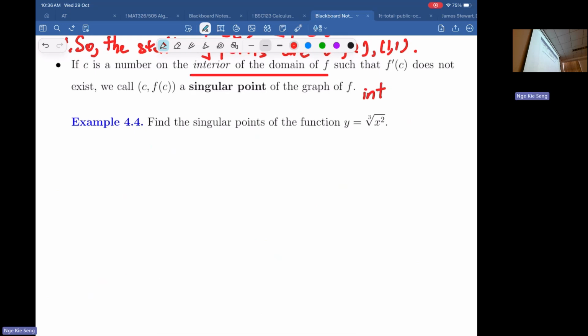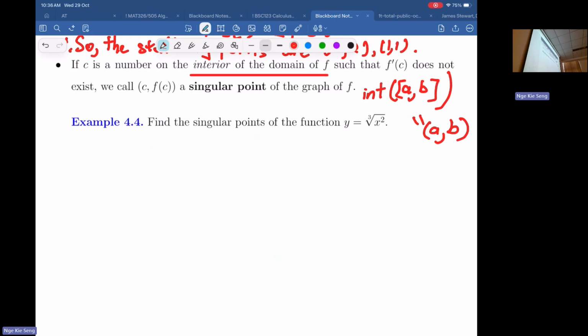Let's say the open interval (a, b). Just now we said that a and b are the endpoints. Anything except a and b we call the interior of (a, b). Does it make sense? Anything inside, not the boundary.